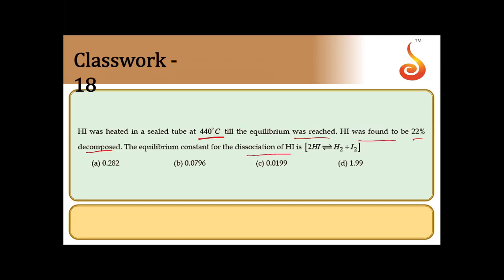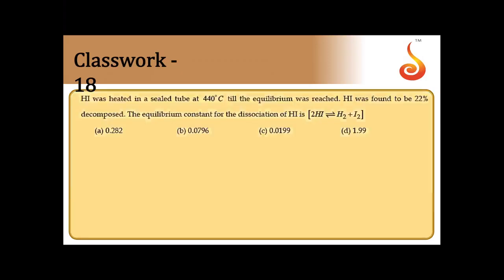The equilibrium constant for dissociation of HI is. Let us write the equation given to us. That is 2HI giving rise to H2 plus I2. Initial moles are not given, let us take it as 1 initially because nothing is given there.